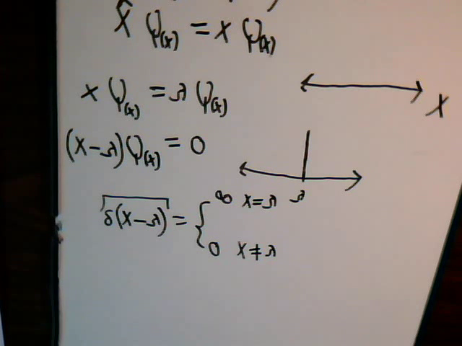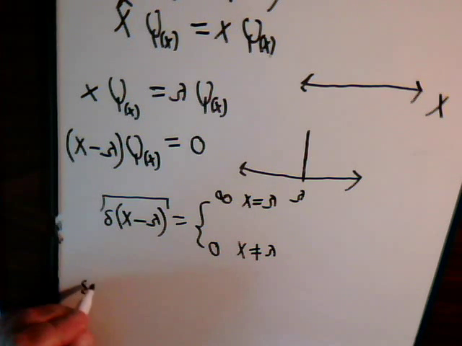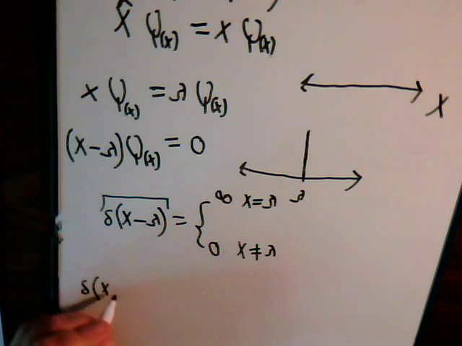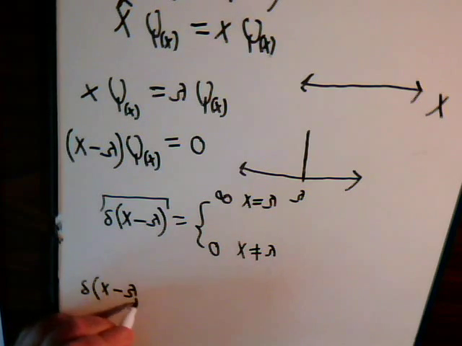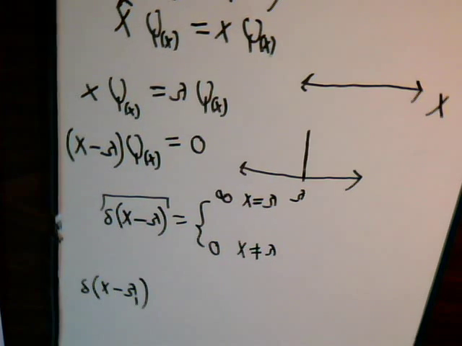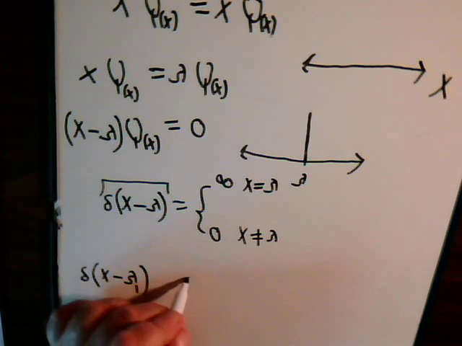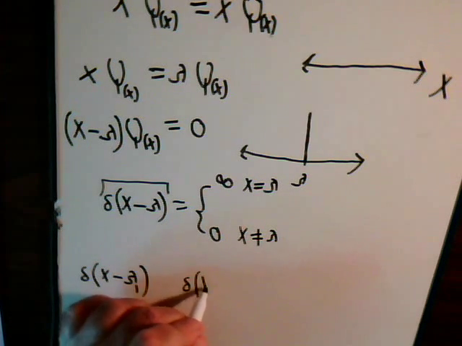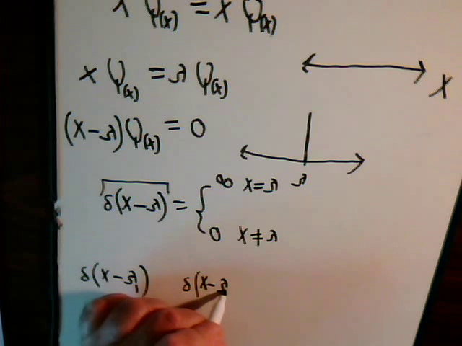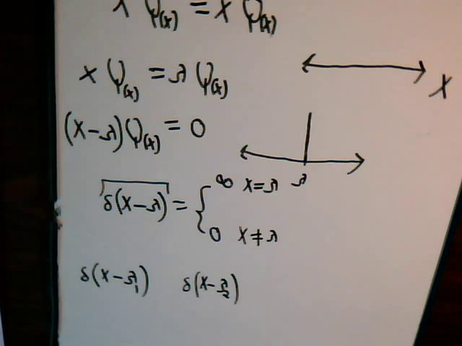Well, let's just consider multiplying these. Let's say, for example, we had delta x minus lambda 1, and then we had delta x minus lambda 2.